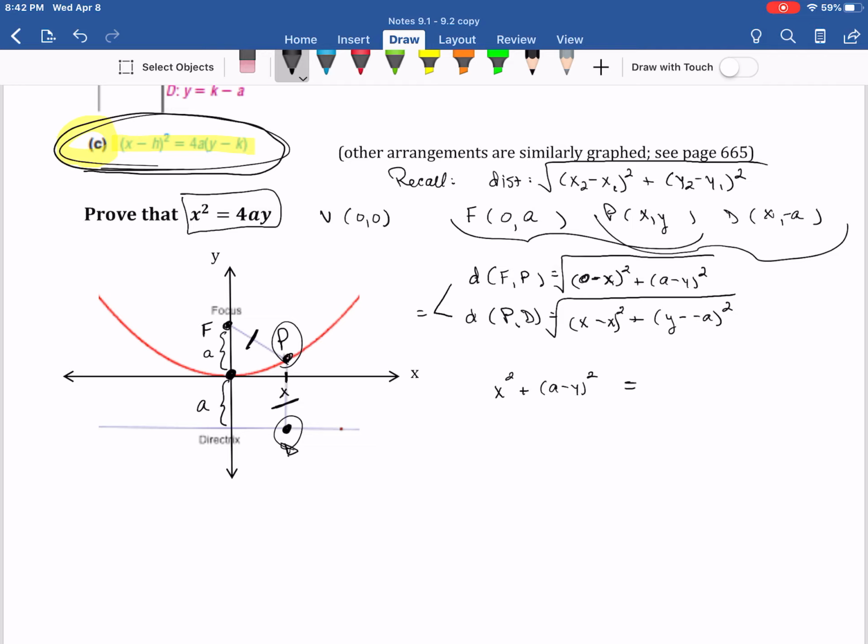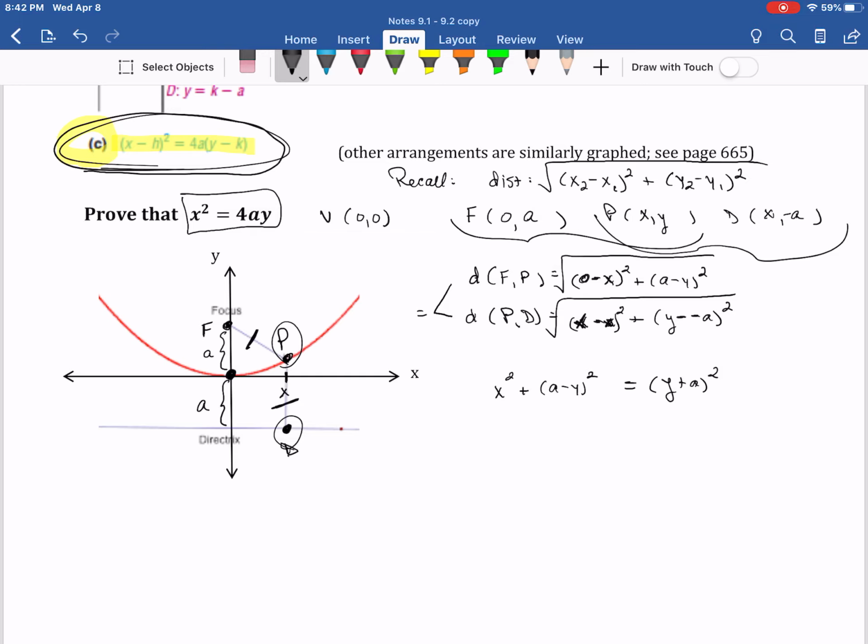So that's one distance expression. For the other, x minus x is 0, 0 squared is 0, and then y minus a negative a is the same as y plus a, and that quantity is squared.